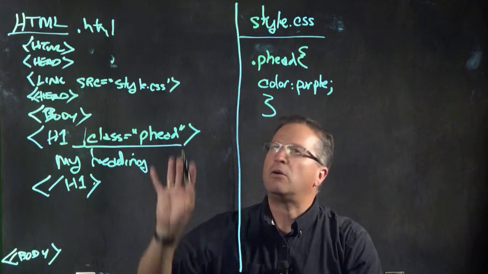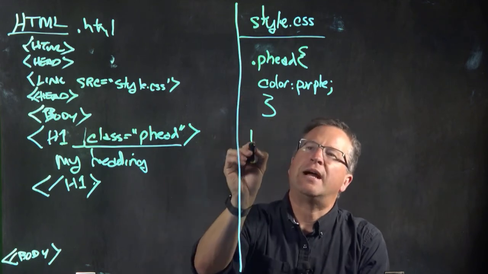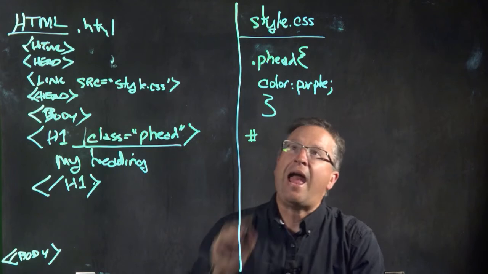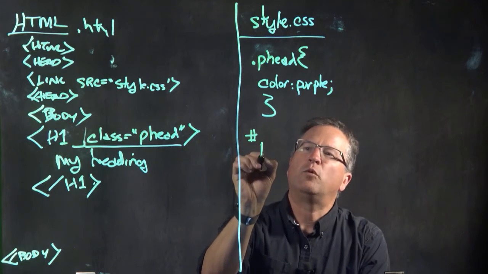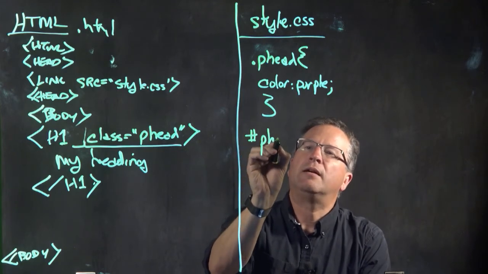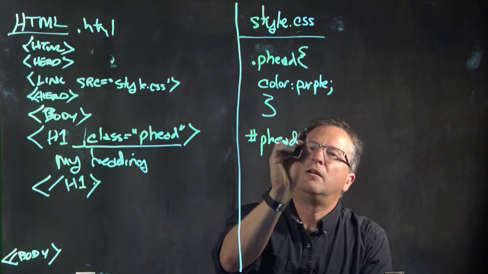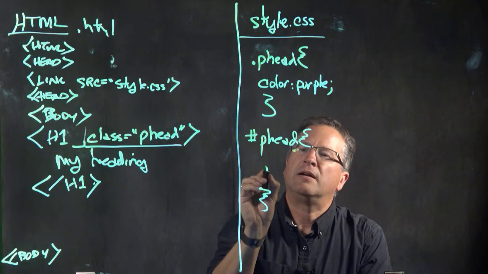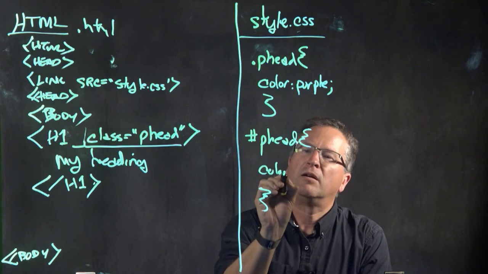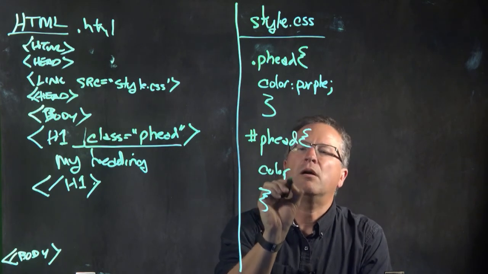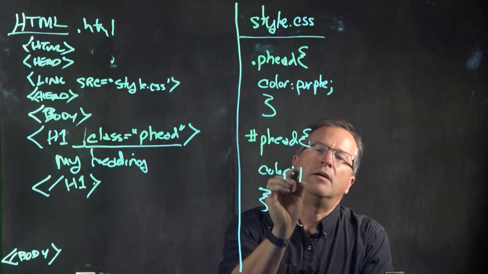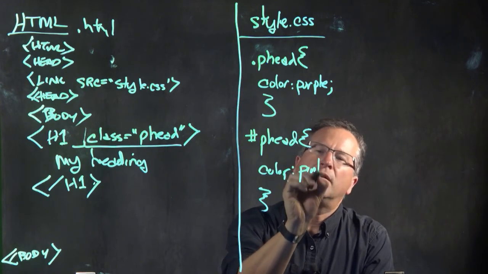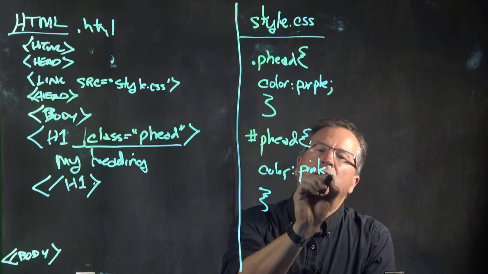So another way to do this is with an ID. That's defined by a hashtag. So I could do hashtag phead, same thing, curly brace, and I could say color, C-O-L-O-R, pink, semicolon.